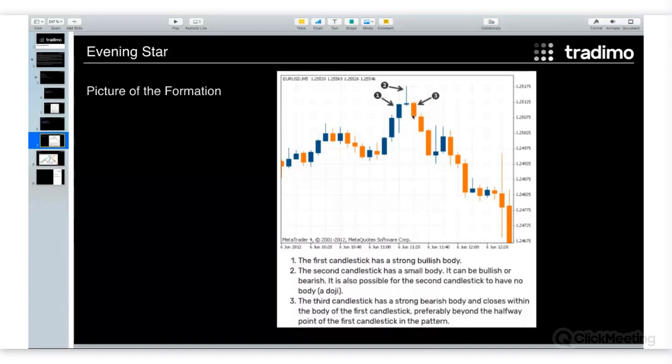Usually the best thing is if the closing price is very, very close to the lowest price of the candle. You can see this here is absolutely okay. So these three candles here are called the evening star formation. And you should pay attention that in the recent history, an uptrend was there.